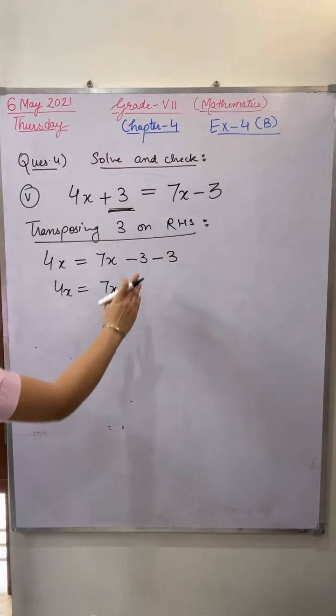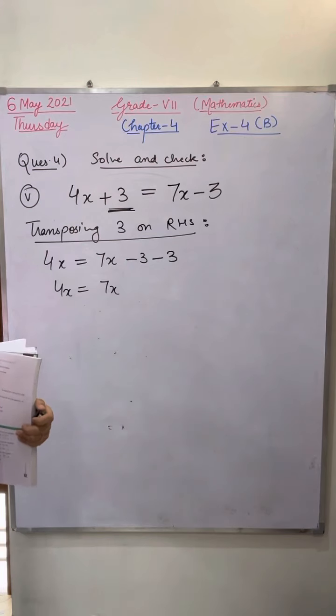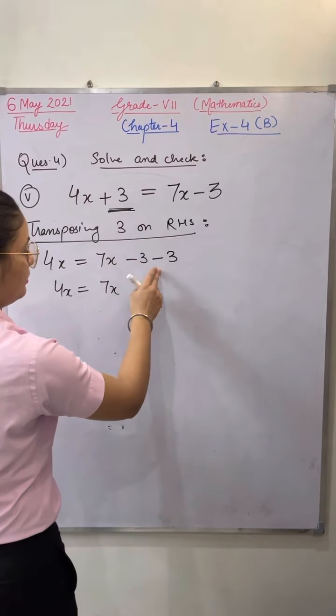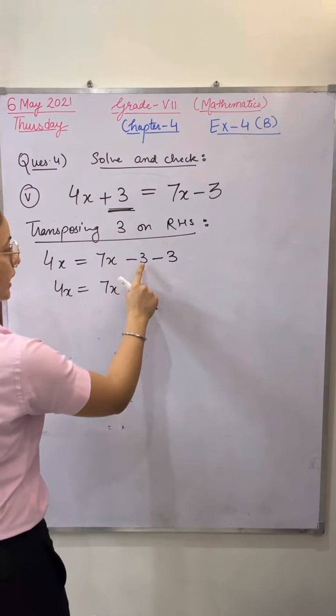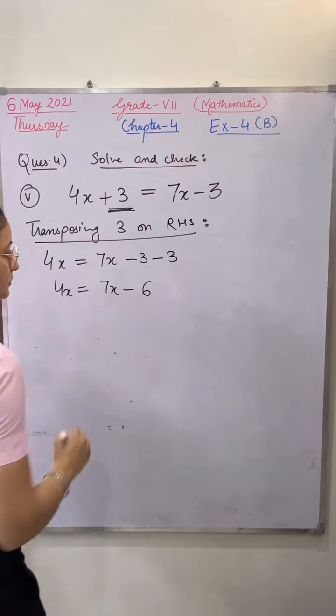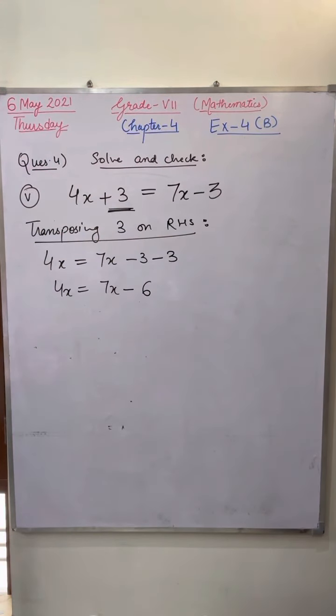Minus 3 minus 3. When the signs are same, then what do you have to do? 3 and 3 is 6. Sign will be negative.